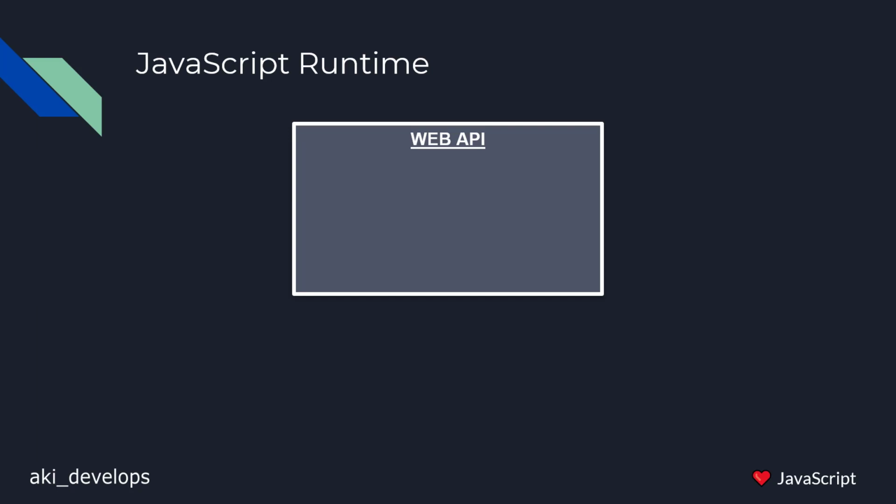For example, if you want to do some delay method which will execute the function after 5 seconds, you can use setTimeout. If you need some data from the API, you can use fetch. The main thing is these web APIs are asynchronous, so you can call them and continue working on other functions.